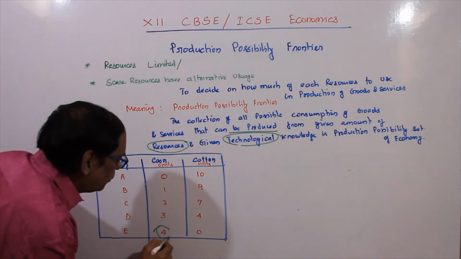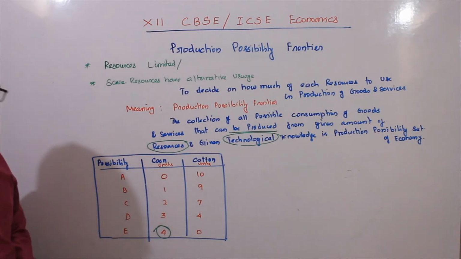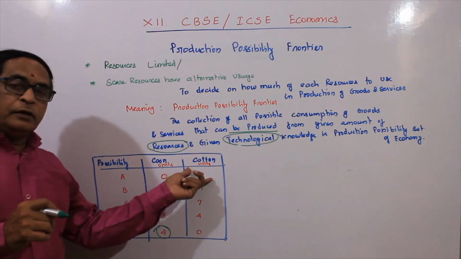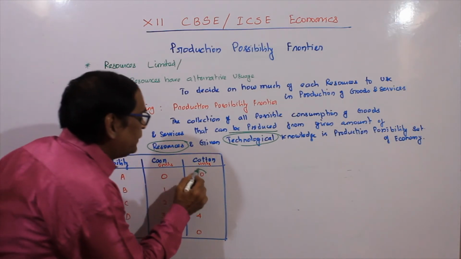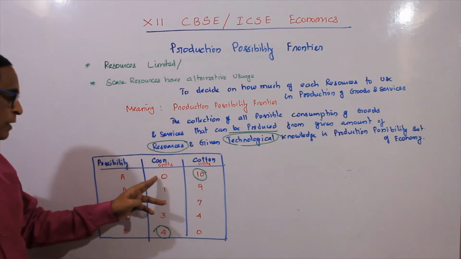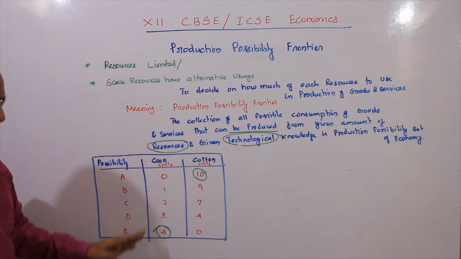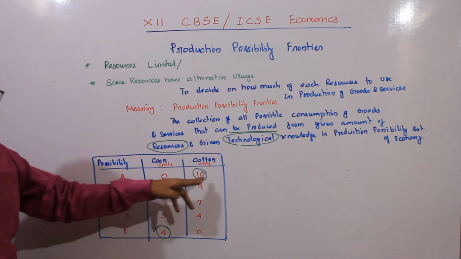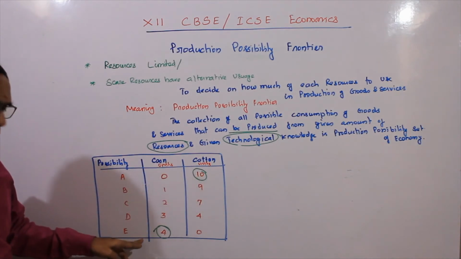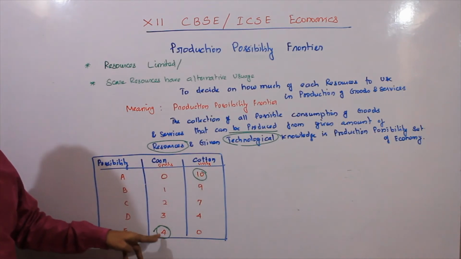So maximum we can produce is 4 units of corn. If we concentrate only on cotton, you can get a production of 10 units, but there will be no corn. So if you concentrate on cotton, you can get 10 units. If you concentrate on corn, you can get 4 units.